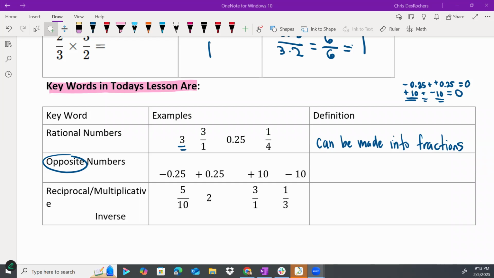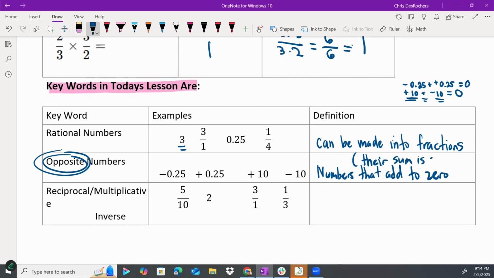Well, we're going to say opposite numbers are numbers that add to zero, or maybe say their sum is zero.